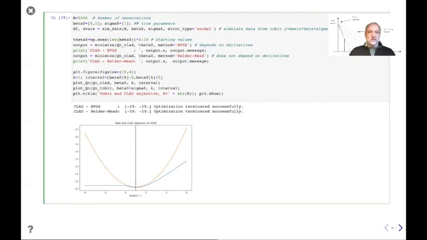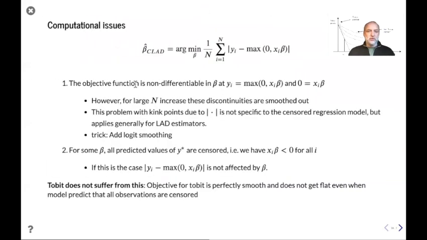So it's really important that you start the algorithm at a starting point where the function is not completely flat, and make sure to look at the predictions at the starting values. If everything is censored there, you're not going to get anywhere. And so I think that's kind of what I wanted to say about this. So you essentially have all these problems that are kind of briefly written up here.